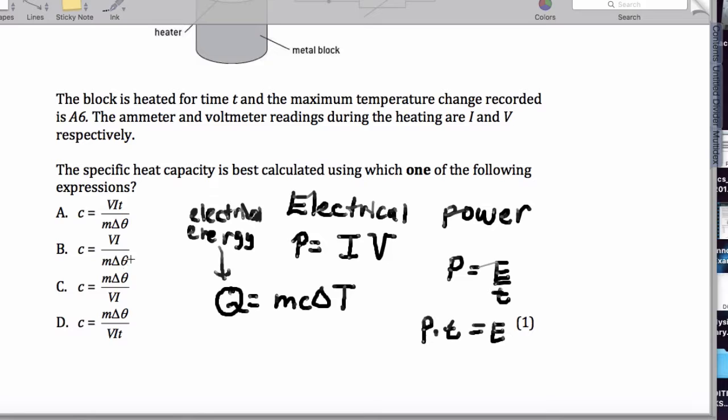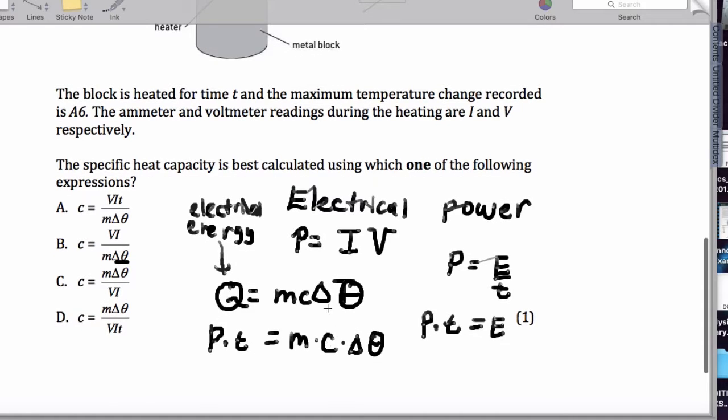Now, they use the letter theta for temperature, so I'm just going to change that here to theta. So what does this tell us? The energy gained is the power times the time, and that equals m times c times this quantity delta theta. Now, the quantity they want us to isolate is, in fact, the specific heat capacity.